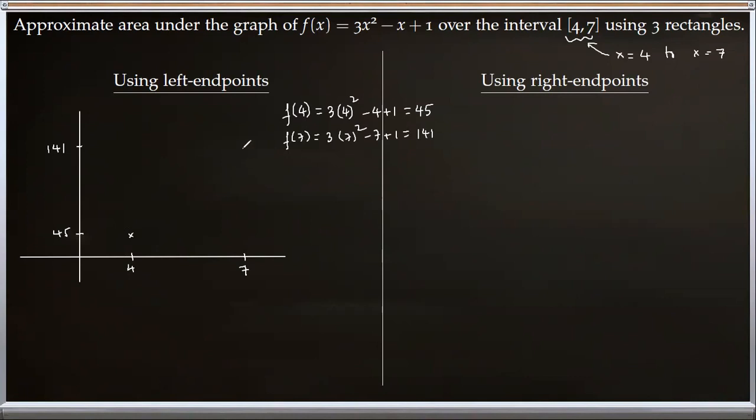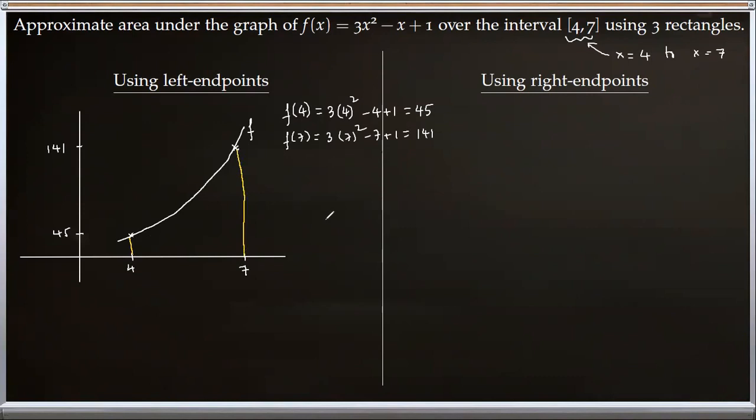So the graph goes like this, from that point to that point, sort of a parabola. I can extend it a little bit on both sides. So let's suppose this is the graph of the given function f. We are interested in finding the area under this graph from x equals 4 to x equals 7.